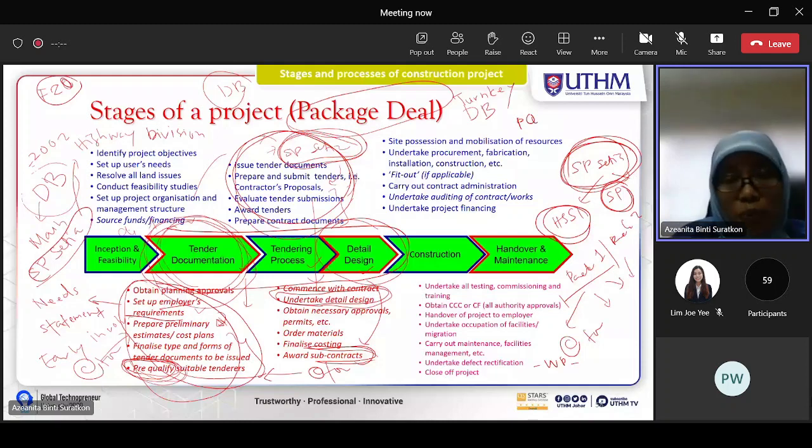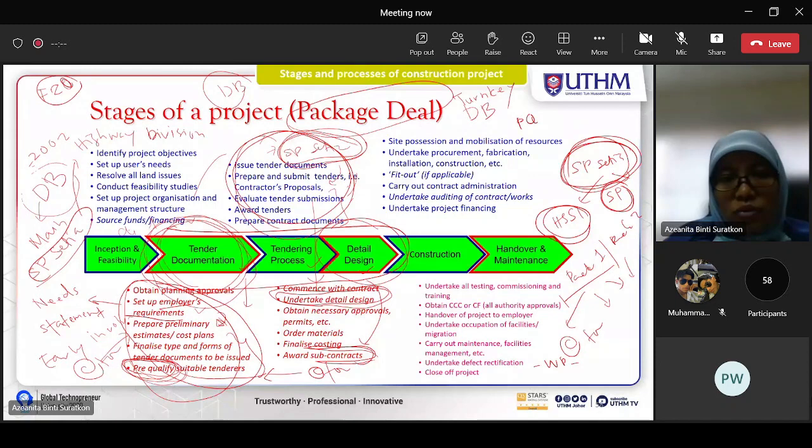He will come out with his proposal, not detailed yet, to suit the employer's requirement or the need statement just now. So the contractor's proposal is not only in terms of cost but also the design provided by the contractor.